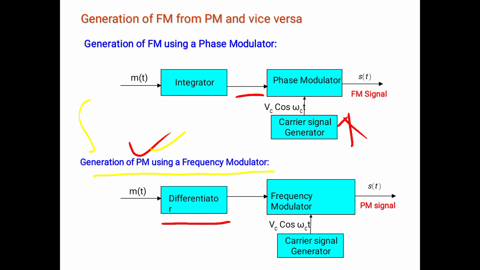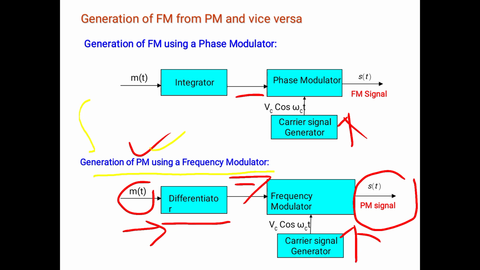Here we apply our input message signal to the differentiator, and the output, the differentiated message signal, is applied to the frequency modulator, and the other input is the carrier signal. These two inputs are applied to the frequency modulator, then we get the phase modulated signal. This is how we can generate FM waves by using a phase modulator, and PM waves by using a frequency modulator.